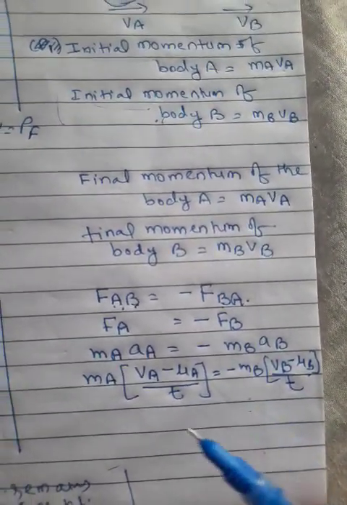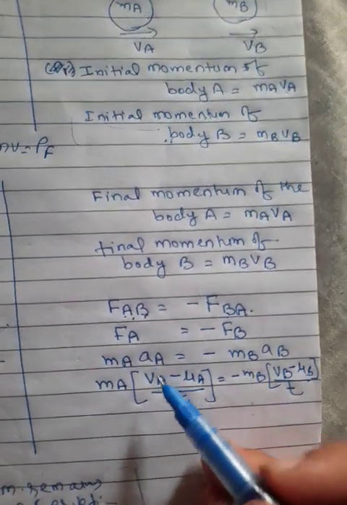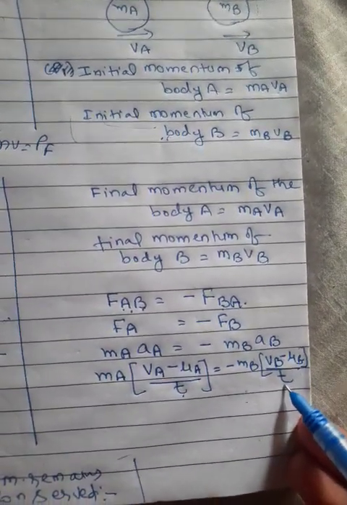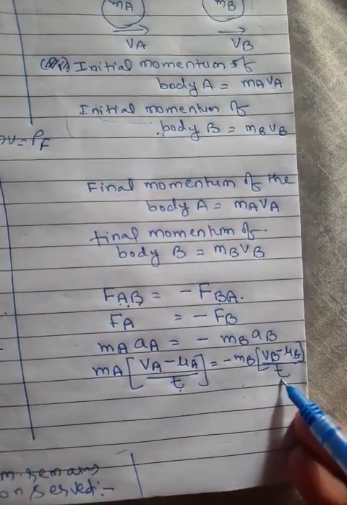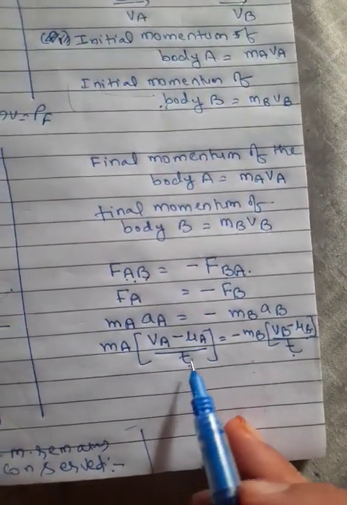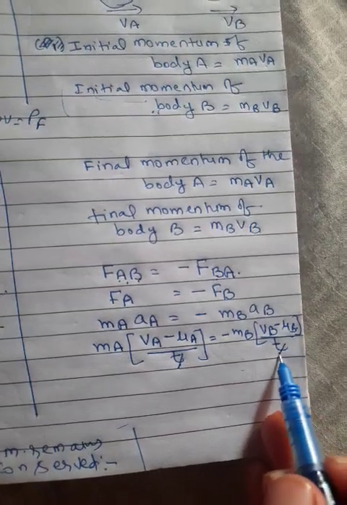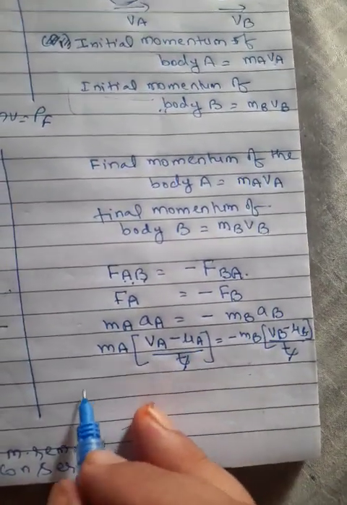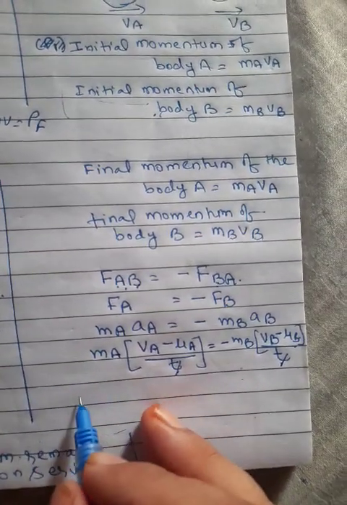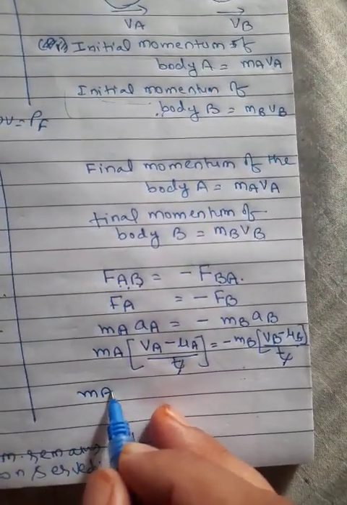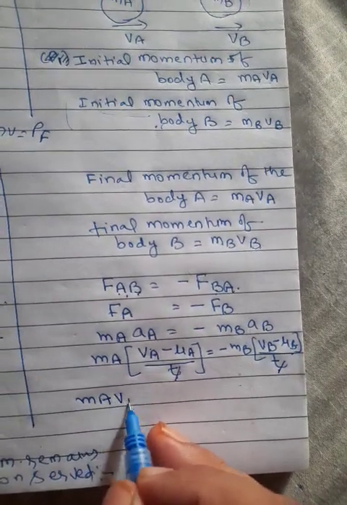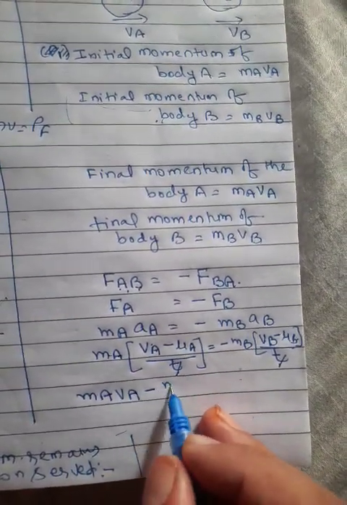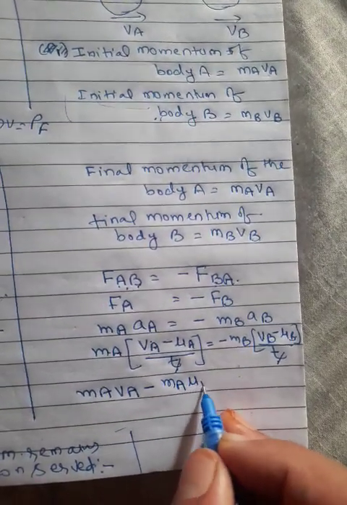Okay or not okay student? So simply we applied the formula: final minus initial upon time. Very simple. So simply you can cancel out T from both sides. Multiply this MA inside the bracket. We will get here what? MA VA minus MA UA.